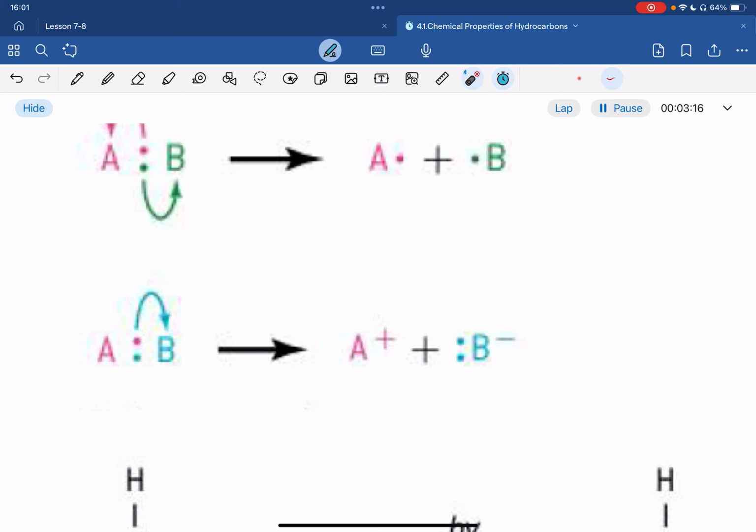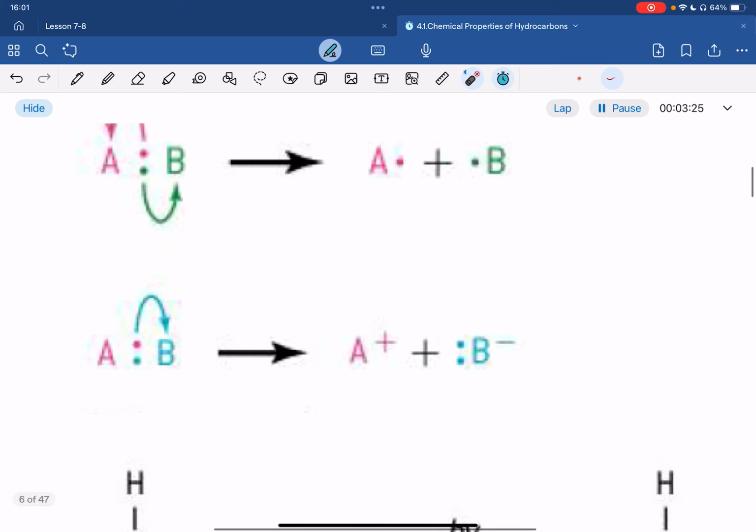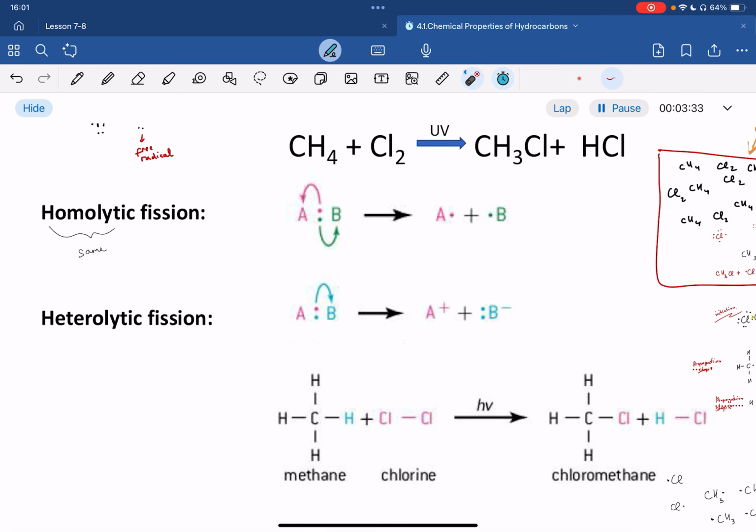In homolytic fission, one electron goes to one side, another electron goes to the other side. But in heterolytic fission, both electrons go to one side, so it becomes negatively charged, and the other becomes positively charged, anion and cation.